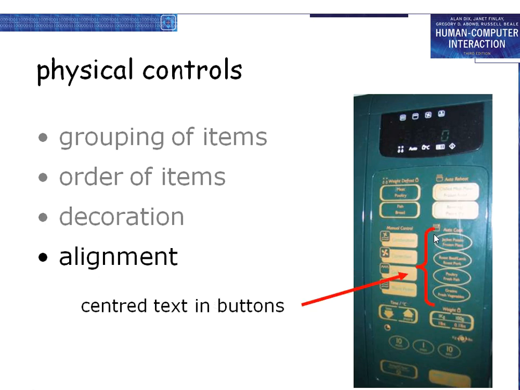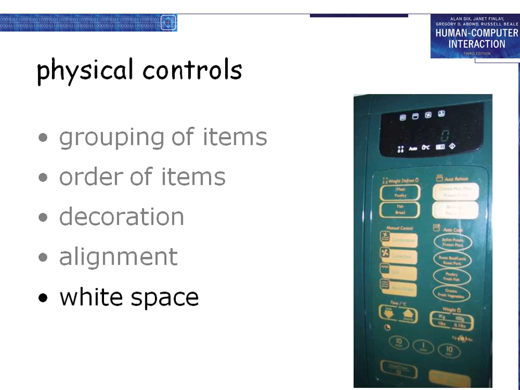In here we have the centered text in the button. So this is alignment, how to make it easy to recognize. And also here, this is the centered text in the button, and here also centered text in the button. It's easy to get. That depends on the user.